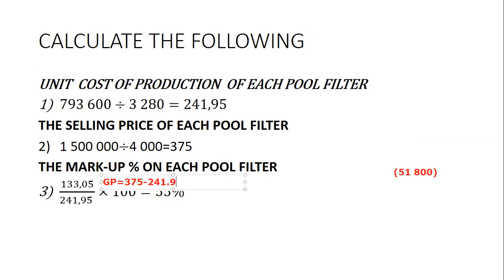And then it will give you a gross profit of 133.05. You divide that by cost of production, and that's how you get your total markup percentage. And in this case, it's 55%. Are we good? Okay.